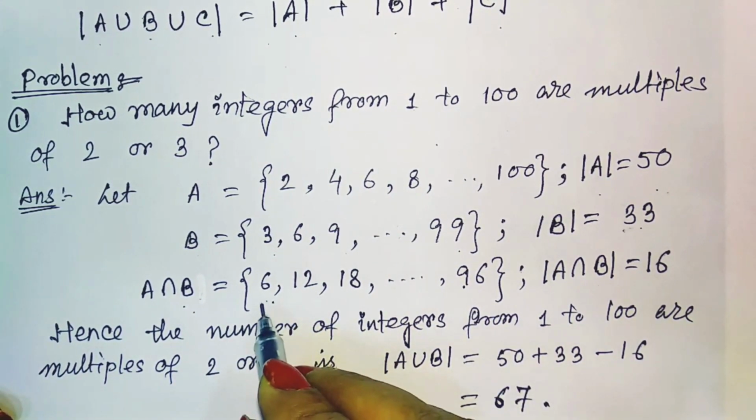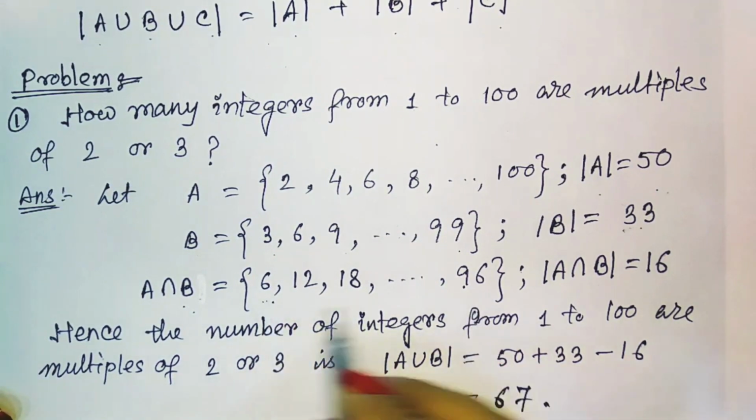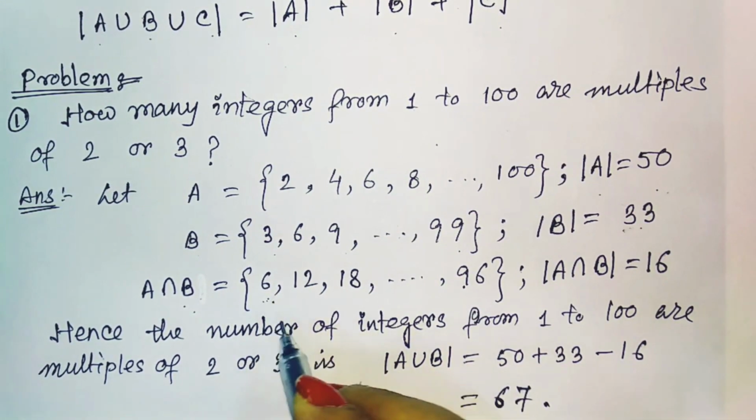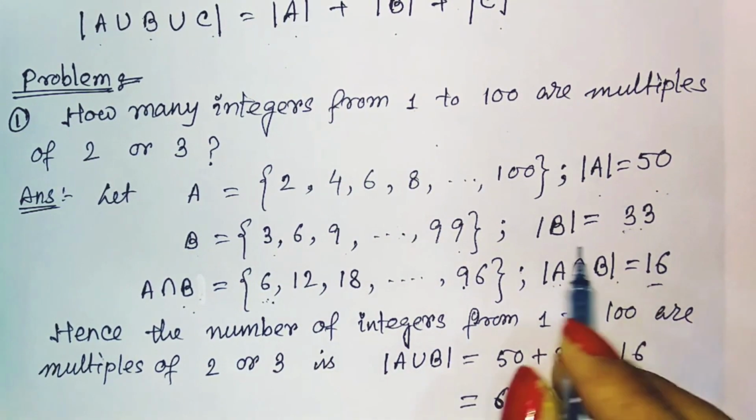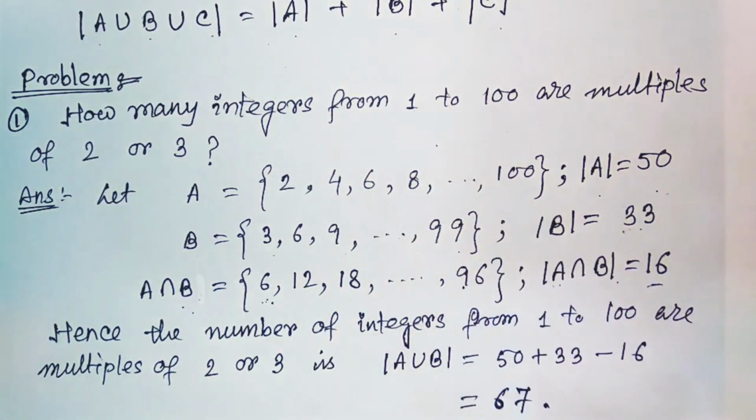So 2 and 3 both means definitely all the elements should be multiples of 6. Hence the cardinality of this one is 16, and that we find by dividing 100 by 6.